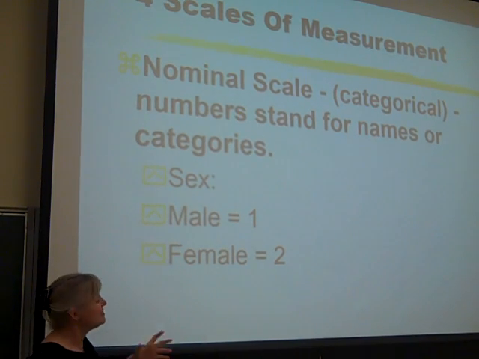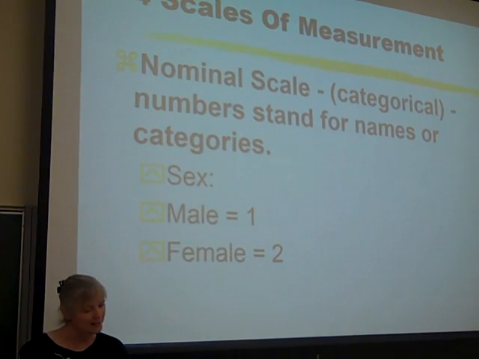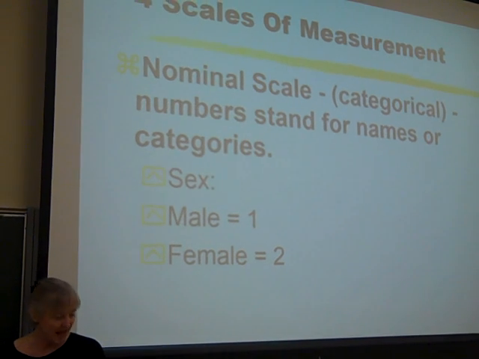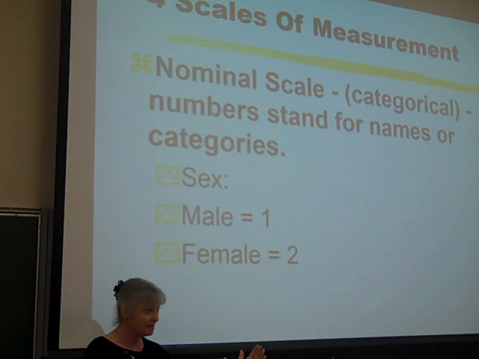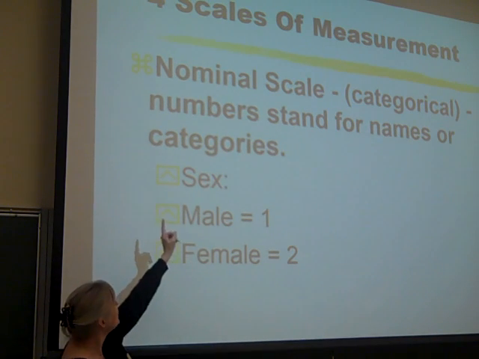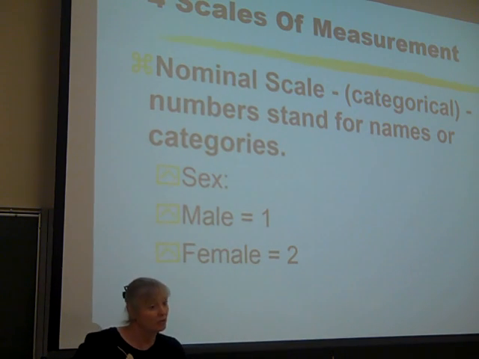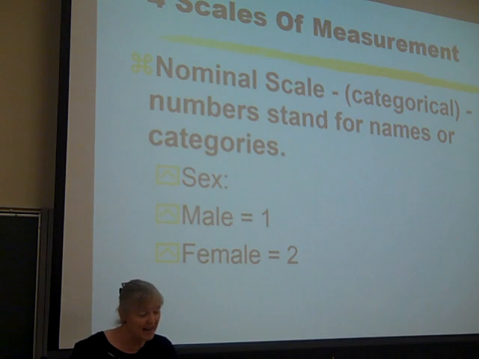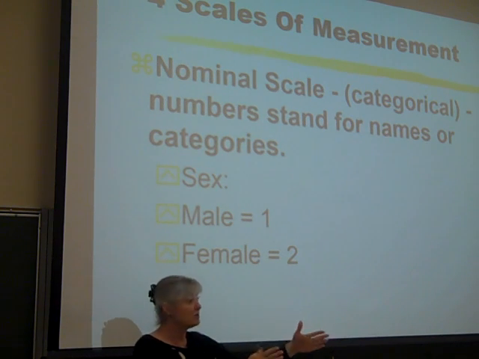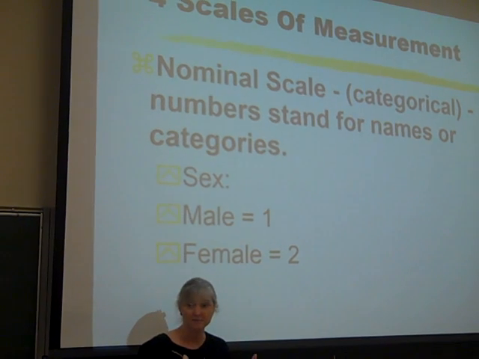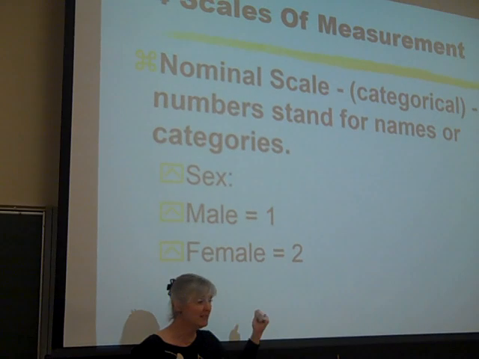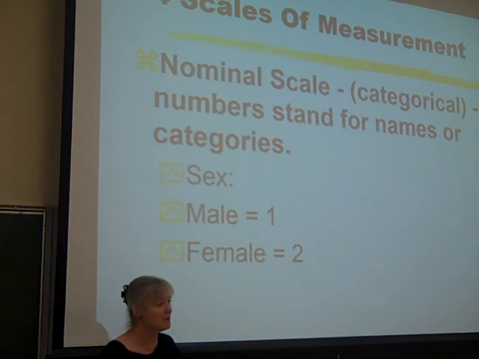So when we think about numbers and how we categorize them, it does go from categorical to continuous. And the nominal scale is categorical. So we're going to go from categorical all the way to the most complex, which will be continuous. So far, so good. Questions about this? What's an example that you can think of that would be a nominal scale of measurement?